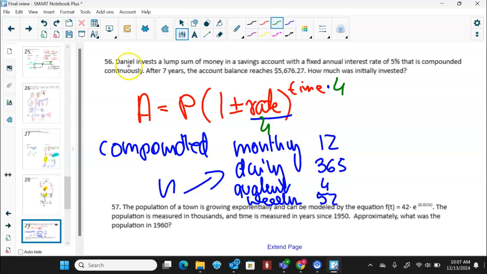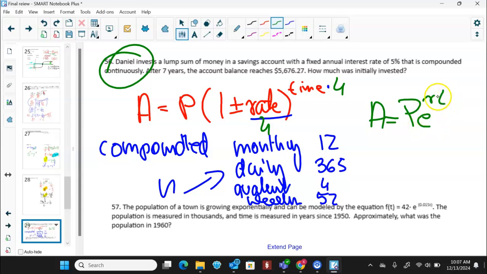And then lastly, you have a formula where it says compounded continuously. That means it continues to go. And that formula is your final value, your initial value, e, and then rate and time. It's called PERT, P-E-R-T, PERT, okay? Again, write that down if you need to. Pause it.